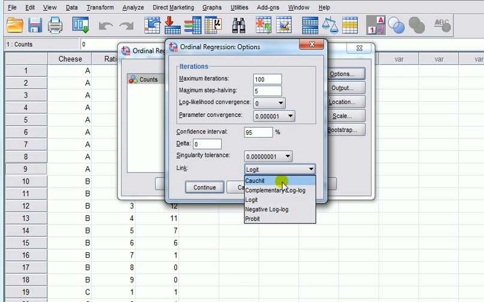If you use any of these other links, then the interpretation of the beta will not be odds or odds ratio. Those of you learning about ordinal regression might encounter the adjacent category logit, ADL, where the parameters may be interpreted in terms of log odds.